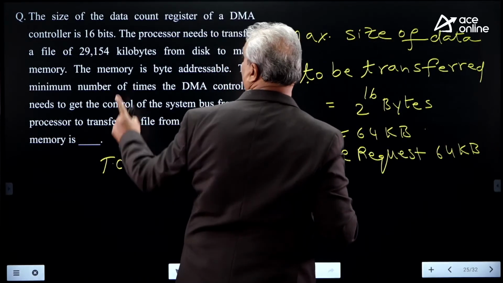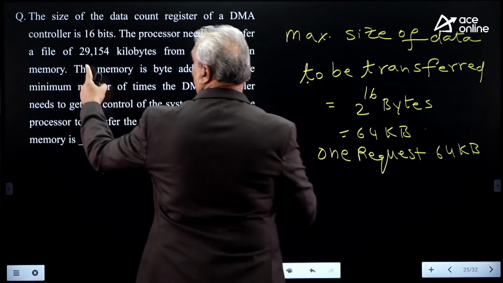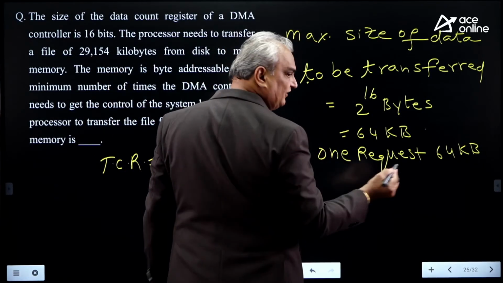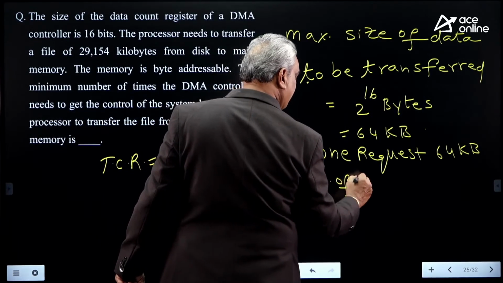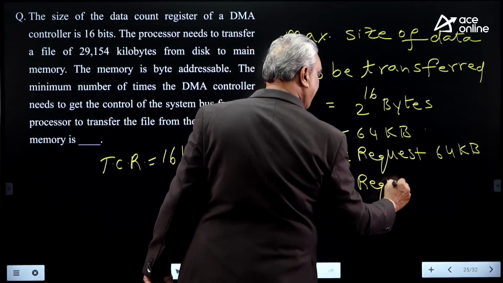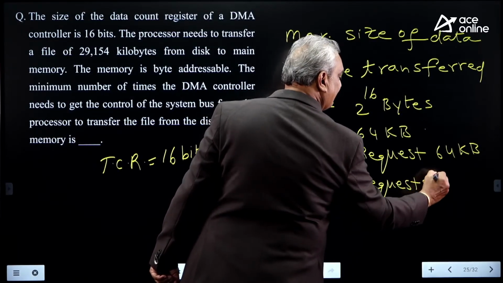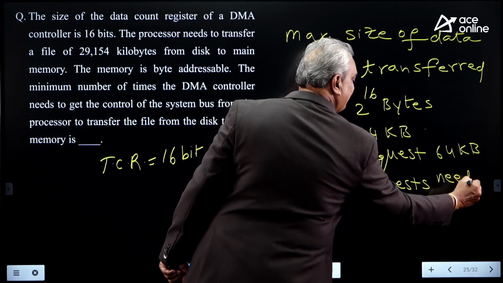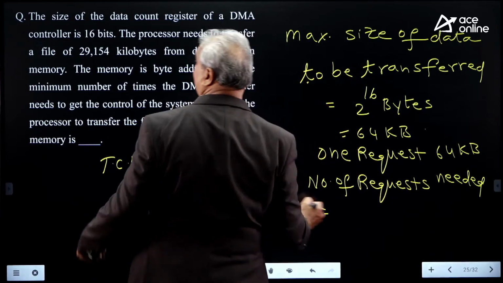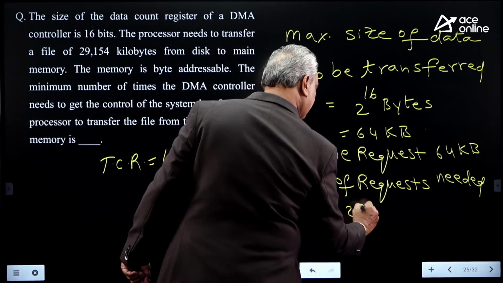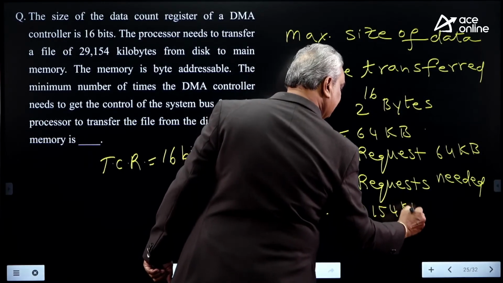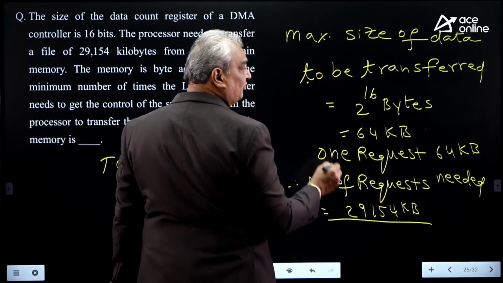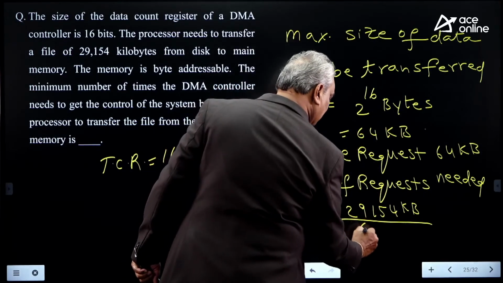What is the total size of the file needed to transfer? 29,154 kilobytes. Therefore, number of requests needed is equal to total size divided by the size per request. For one request, it can transfer 64 KB.